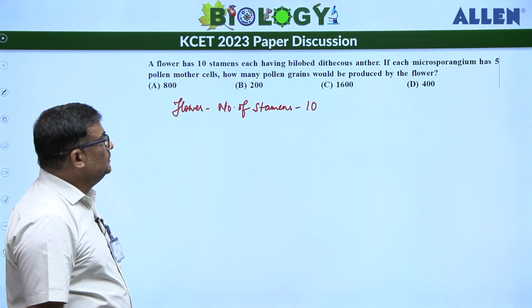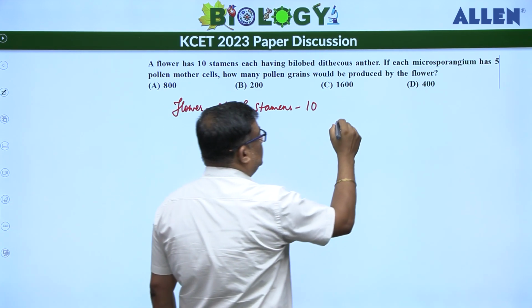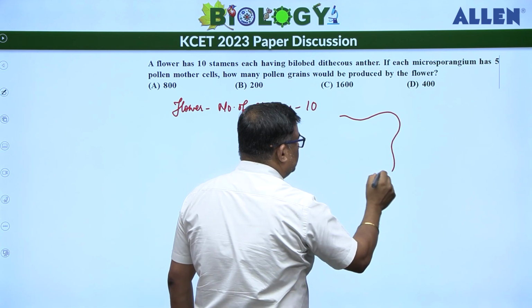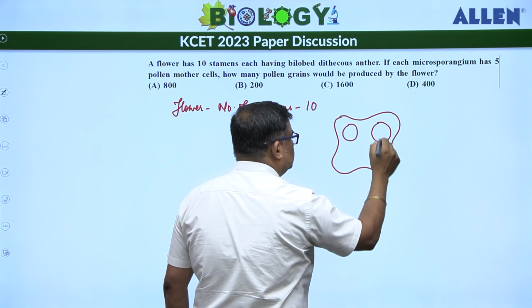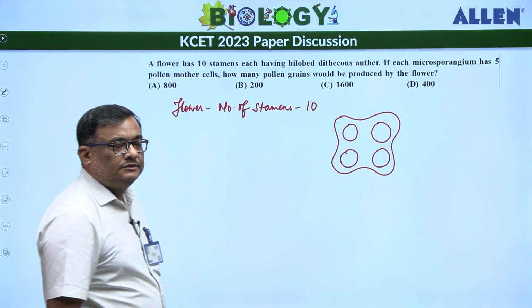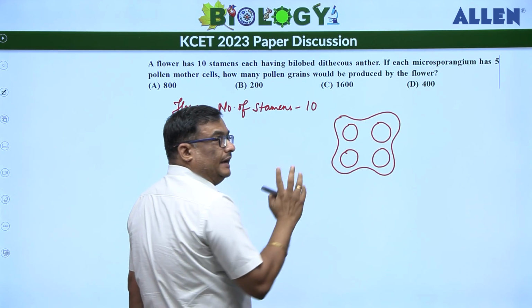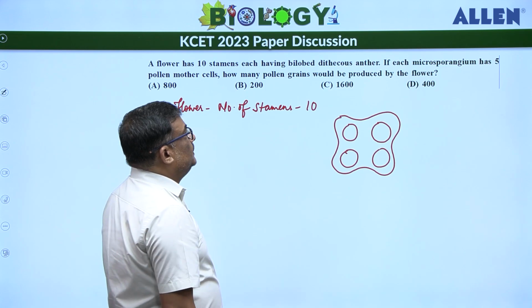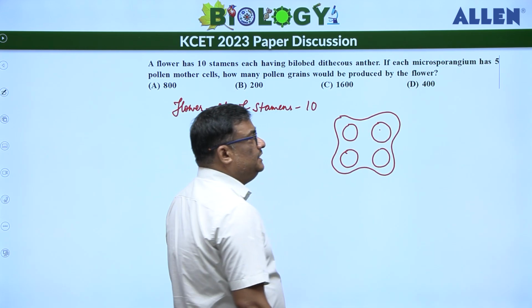Okay. And they are bilobed and dithecous. Bilobed and dithecous means these are the pollen chambers which I have drawn. Bilobed, one complete lobe, another complete lobe. Each one is going to be a microsporangium.